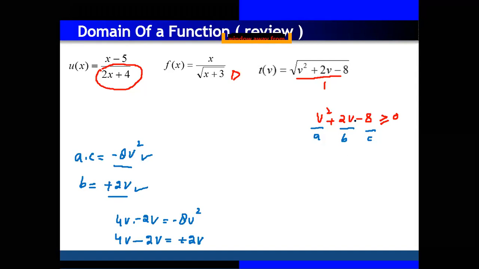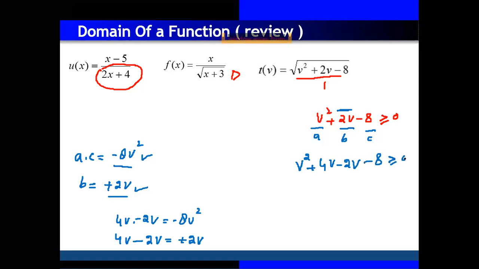Now factorization is possible, write down the first one. First one is v square, excellent, Diva, excellent. First one is v square plus, now factorize 2v. We can write 2v in the form of 4v minus 2v. Again, 4 minus 2 equals plus 2, and minus 8.